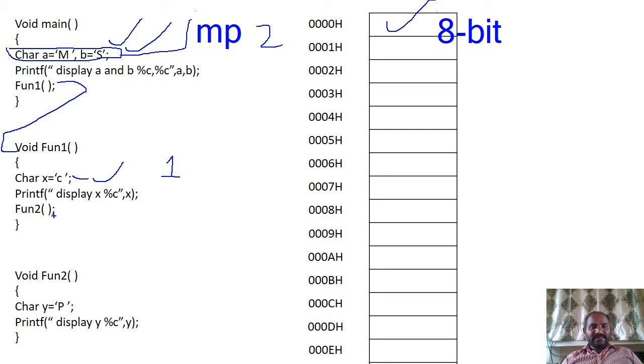Again, in the definition of function 1, I am calling function 2. In function 2 also we have one more character declared, so you are requesting the microprocessor to allocate one more memory location.